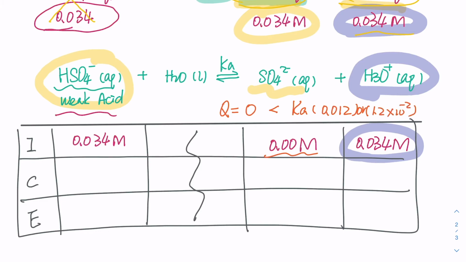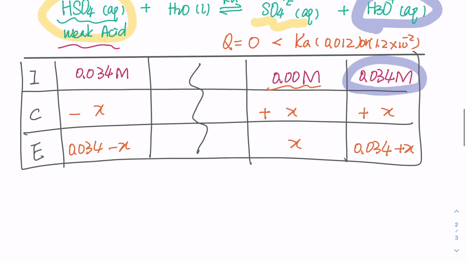It's the same number. Since Q is smaller than K, we have negative here, positive and positive. Now we just fill out the ICE table. We are definitely very familiar with this process.